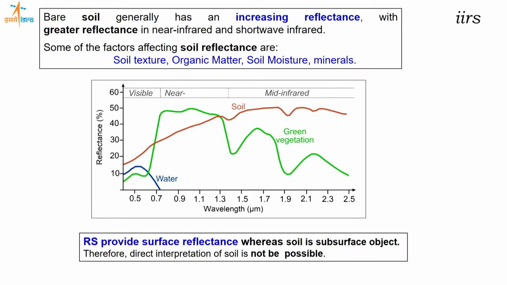So when we study with remote sensing data, first, the electromagnetic radiation coming from the sun, when it reaches the earth surface, we study the reflectance.